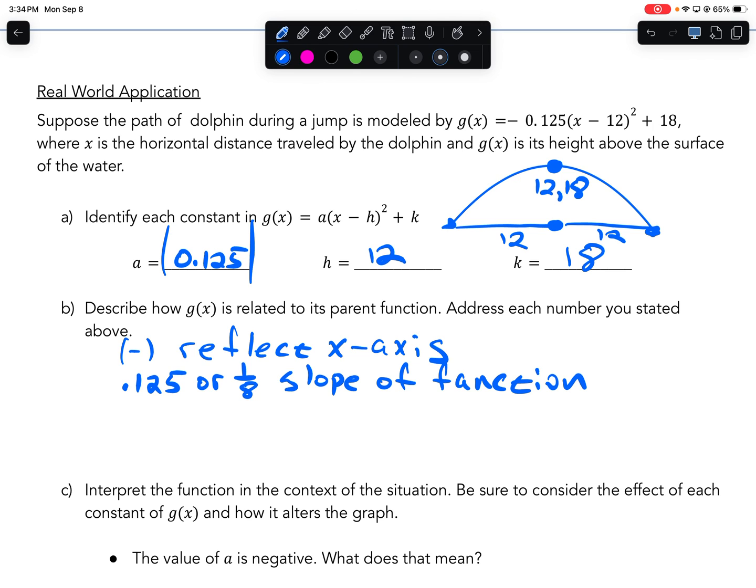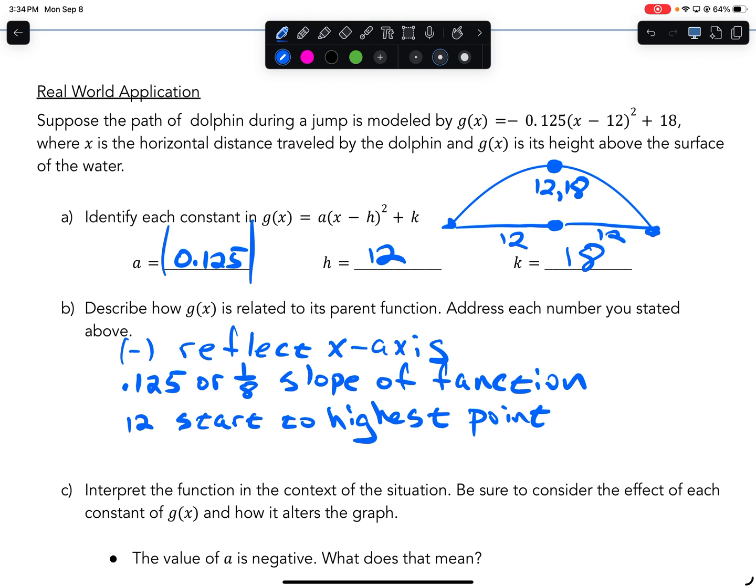Slope of function. And then the 12 is the distance from where it left the water to the height of the jump, right? So the 12 is starting to the highest point of the jump. So I'm going to say start to highest point. And then the 18 is how high the dolphin jumped.